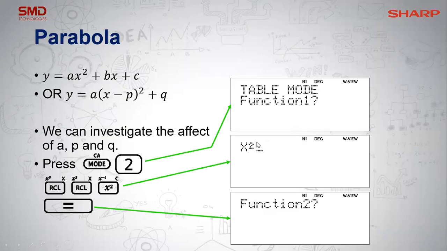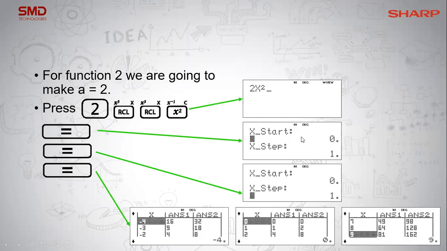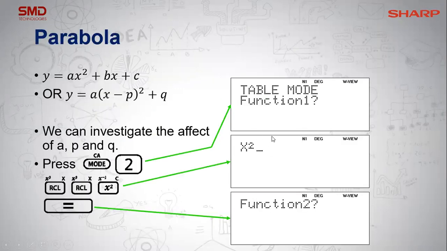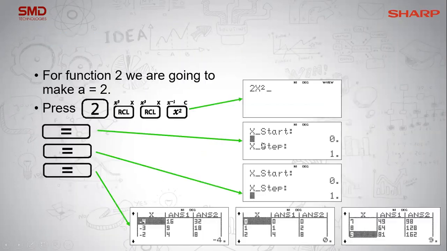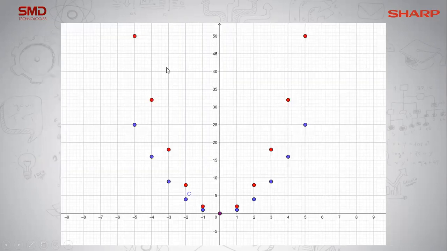So I'm not going to go through too much of functions. What I do want to show you is that you can use functions to teach graphs. So what I've done is in function 1, I've put in an x squared, and in function 2, I've multiplied the x squared by 2, and then I've looked at the values, and I've plotted those values onto a Cartesian plane.